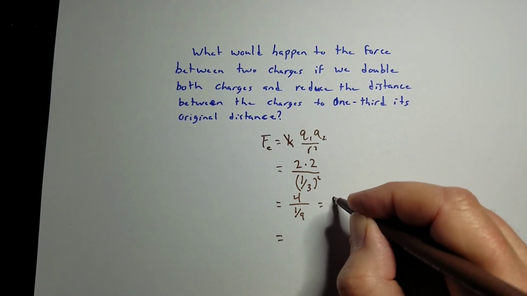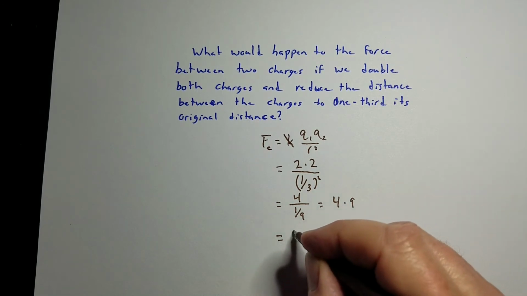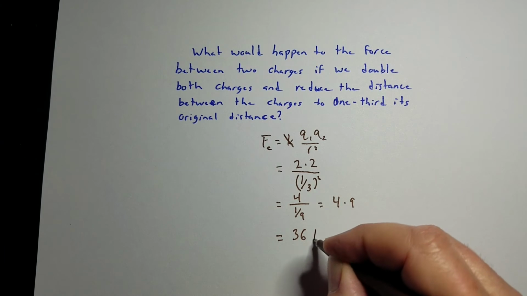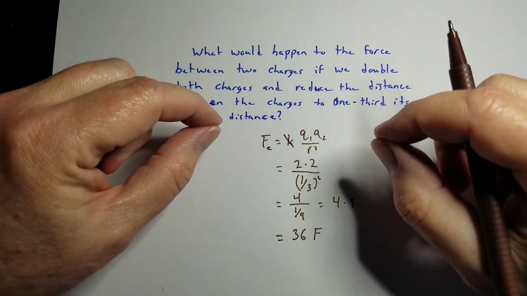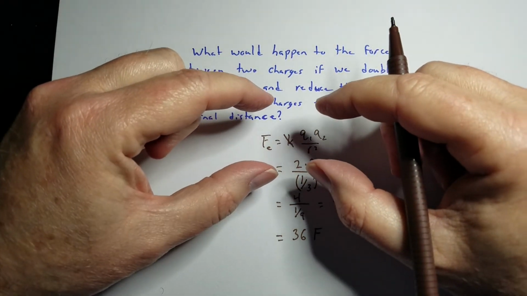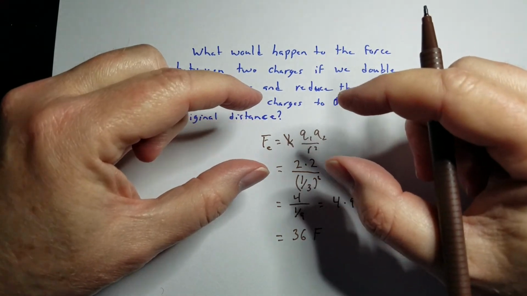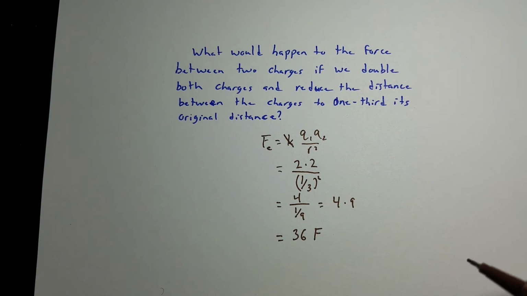So that will become 4 times 9. So that becomes 36 times as great as it was to start off with. So not only do we increase the charge, which would increase the force, but we also reduce the distance, which would also increase the force. And between the combination of those two, the force is 36 times the amount it started off as.